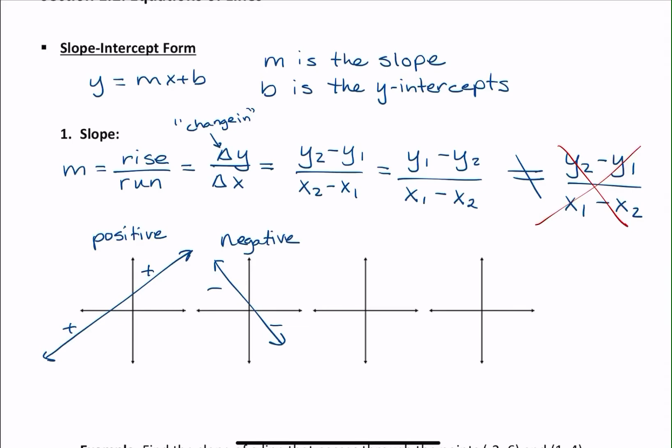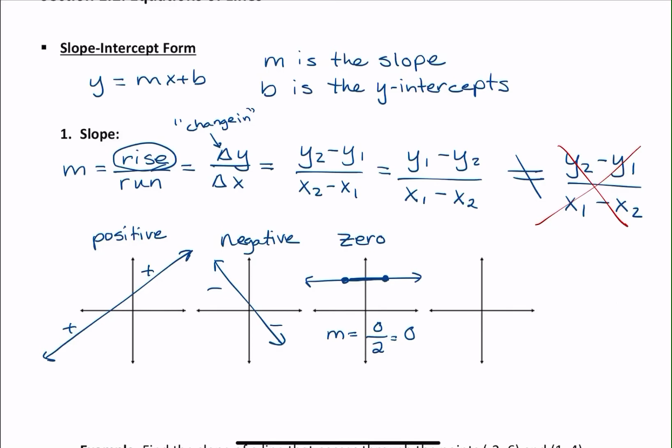If you have a horizontal line, that has a slope of 0, and the reason is if you choose any 2 points on that line, when you go to rise, you don't rise any, you just run. So your slope would be 0 over, say you ran 2. 0 divided by 2 is just 0. It doesn't matter what 2 points you pick, it's going to be 0 divided by some number.